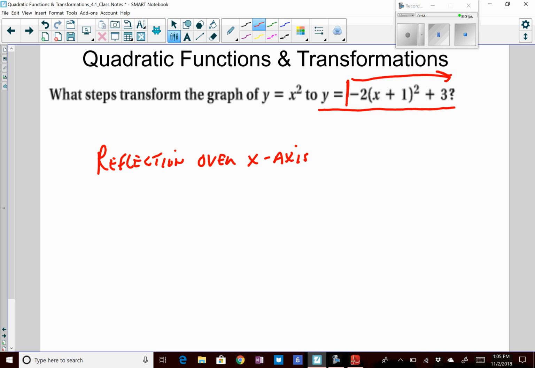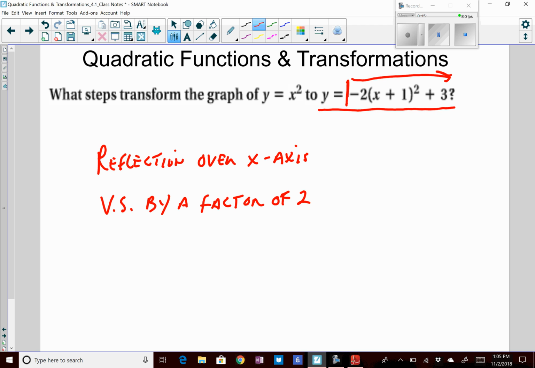The next thing we take a look at is the number 2 itself. And the number 2 is telling us we have a value greater than 1, which means we have a vertical stretch by a factor of 2. The next thing we see is the x plus 1 inside the parentheses.